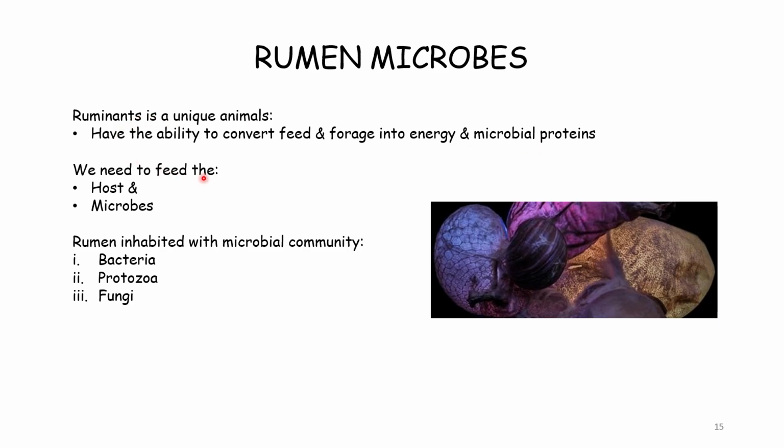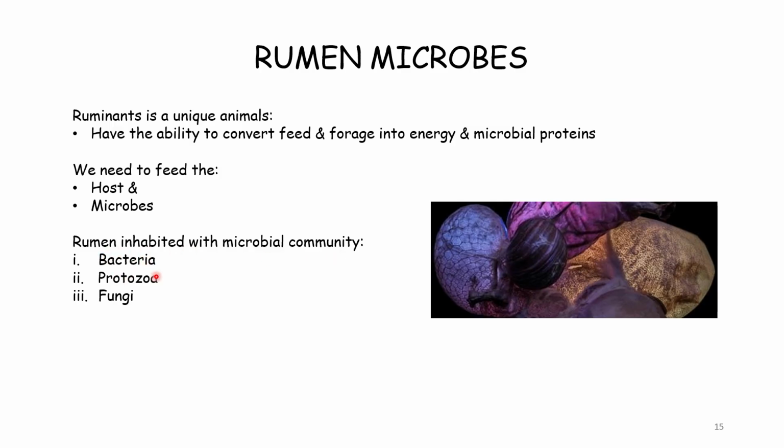So we need to feed the host and the microbes. That's why we need to give food to our animal, and if we give food, the microbes also get the feed. So the rumen is inhabited by a microbial community.